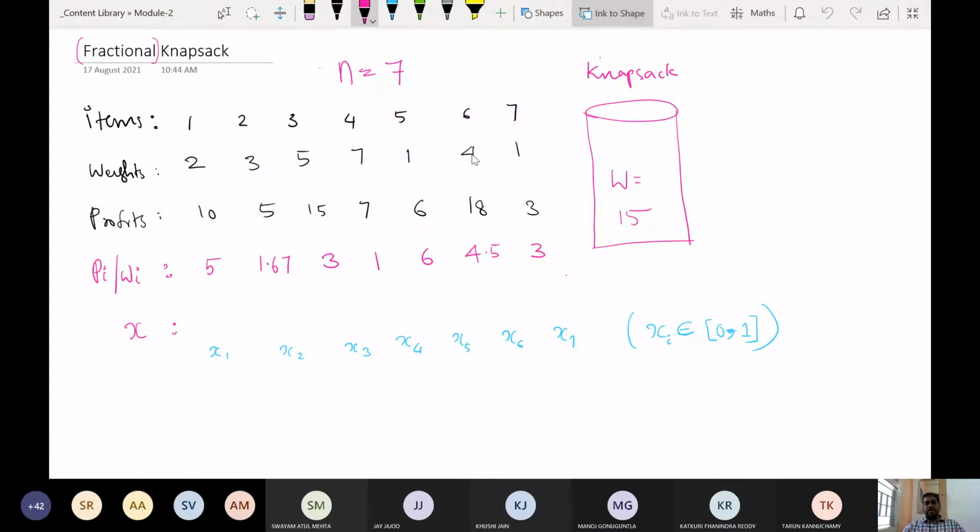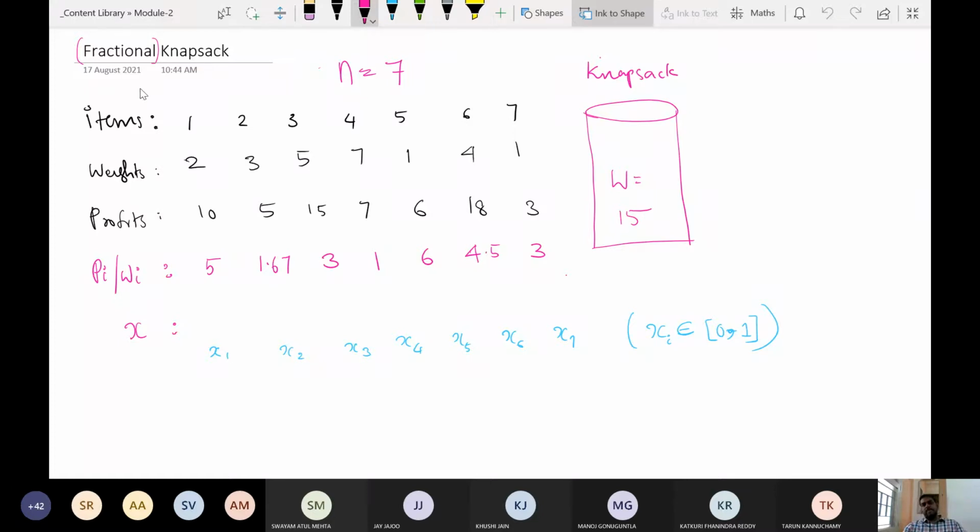Like that, items are divisible. If you wish, you can take the entire 4 kilograms. If you want to divide it, you can take 3 kilograms, 2.5 kilograms, 1 kilogram, 0.5 kilogram, 500 grams. In any manner, you can divide it. So the items are divisible. That is why this problem is known as the fractional knapsack problem.